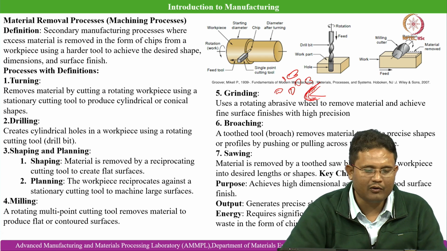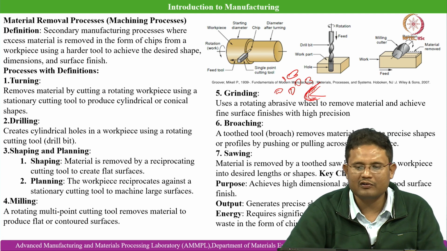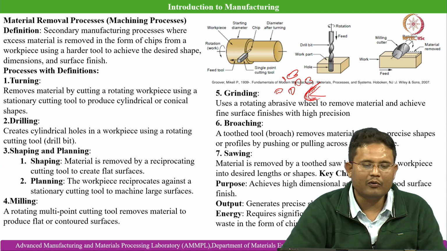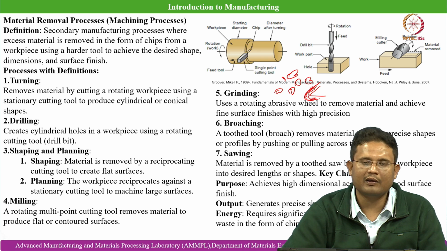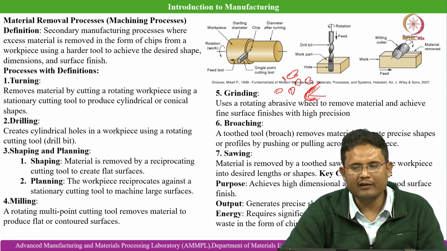And then milling. There are several classifications of milling, like surface milling, gang milling, and slab milling, etc. We name the milling process accordingly, based on where from and how we are removing the material.